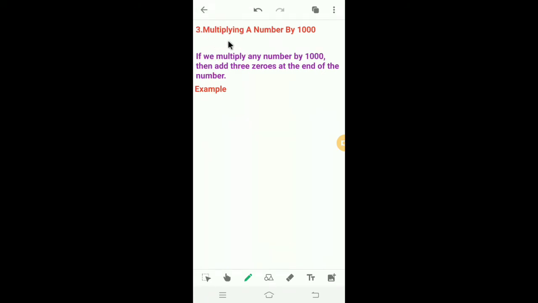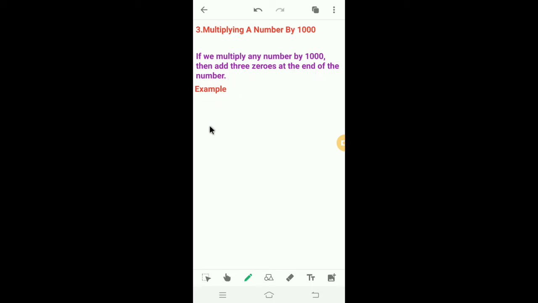Let's learn the shortcut method for multiplying a number by 1000. If we multiply any number by 1000, then add 3 zeros at the end of the number.